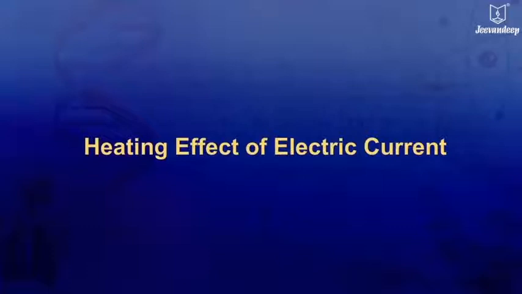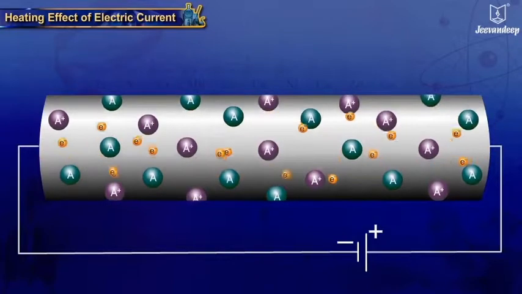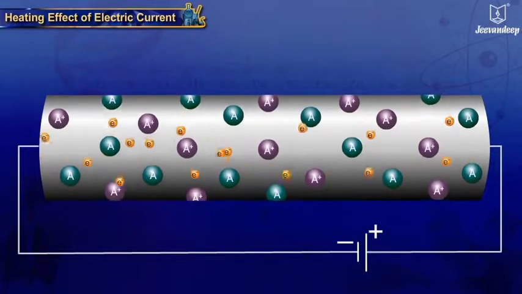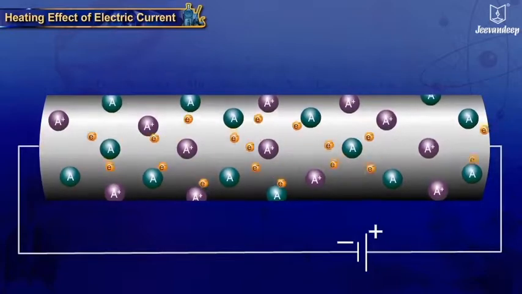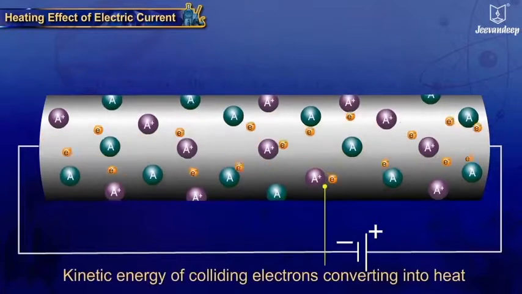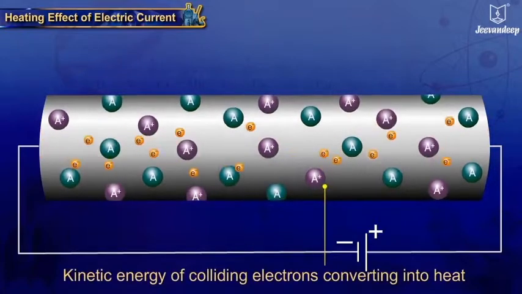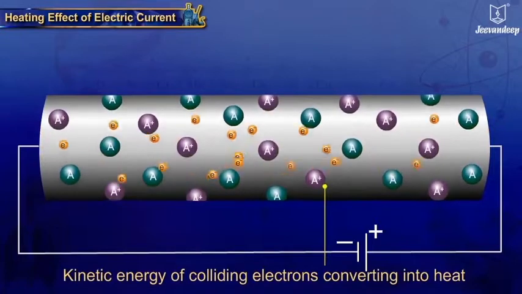Heating effect of electric current. The current flowing through a metallic conductor causes the free-moving electrons to collide with the atoms and ions of the metal, leading to conversion of part of their kinetic energy into heat.